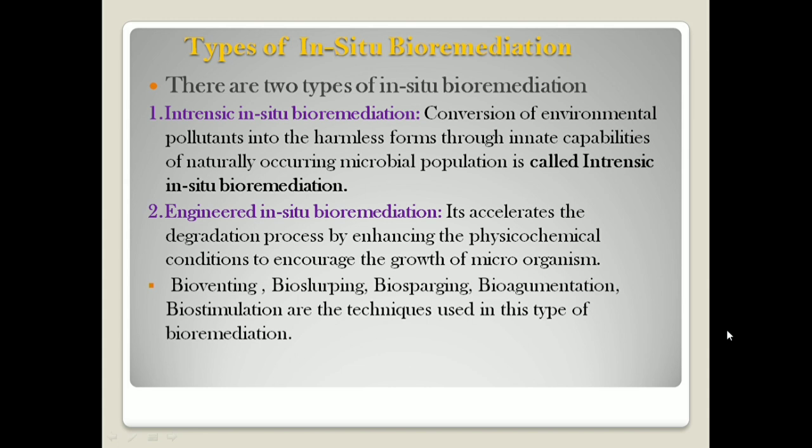Engineered in situ bioremediation accelerates the degradation process by enhancing the physiochemical conditions to encourage the growth of microorganisms. Bioventing, bioslurping, biosparging, bioaugmentation, and biostimulation are a few of the techniques used in engineered in situ bioremediation.